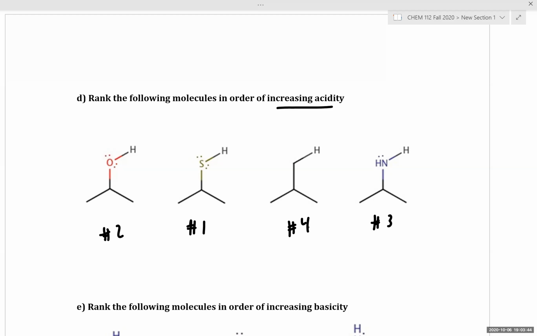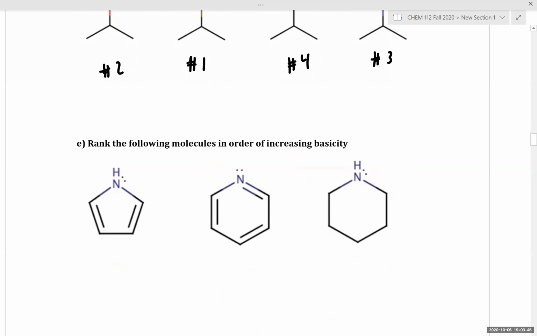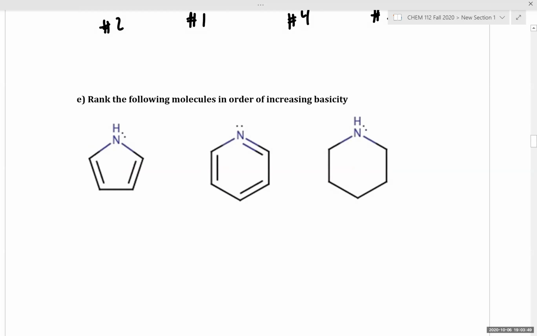Perfect, perfect. So let's look at this next case where we have to rank the following molecules in order of increasing basicity. So in this first case, we have an sp3 hybridized nitrogen. In the second case, we have an sp2 hybridized nitrogen. In the third case, we have an sp2 hybridized nitrogen with a delocalized lone pair.